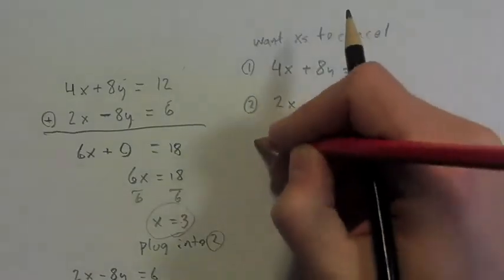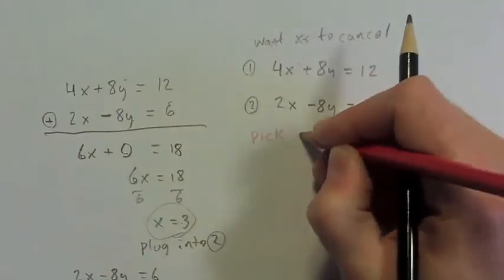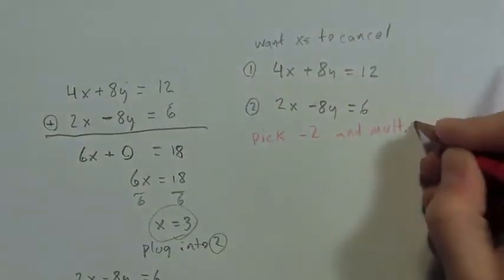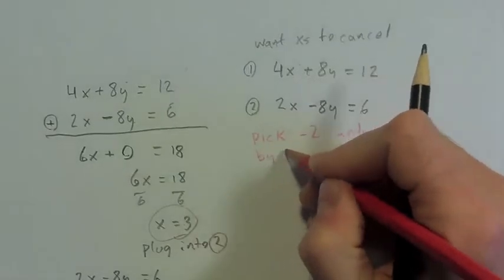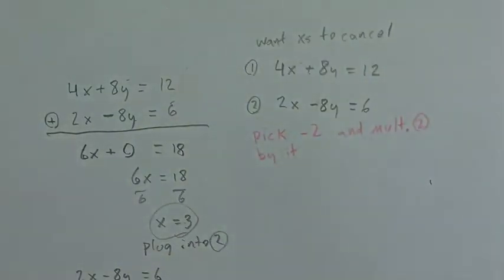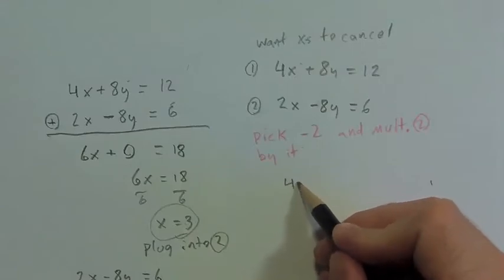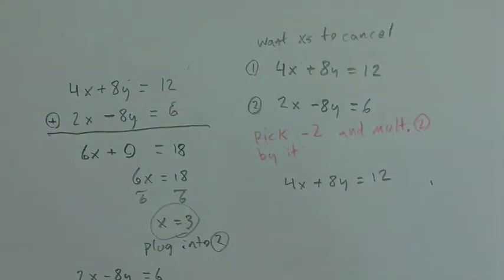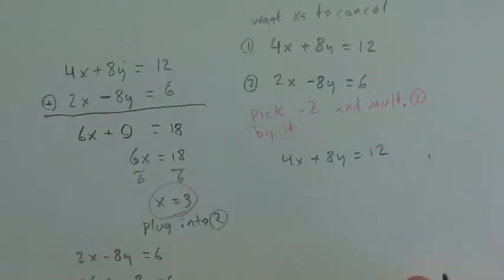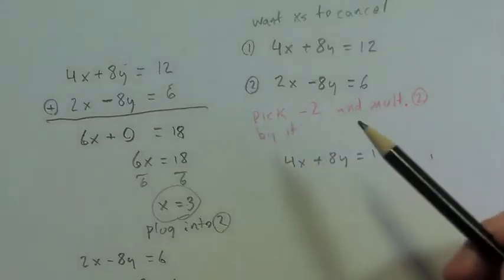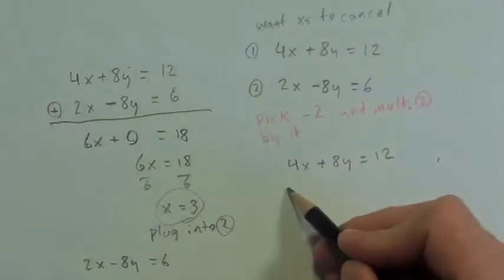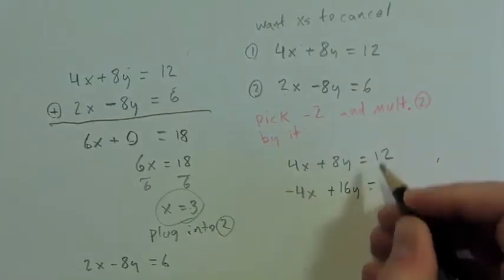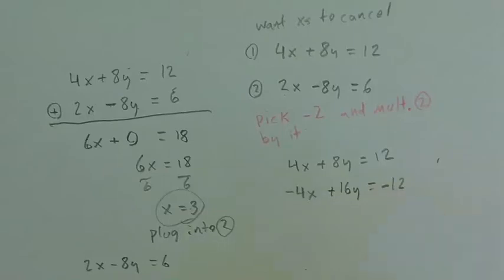So we're going to pick negative 2 and multiply equation 2 by it. I'm going to leave equation 1 alone, and now I'm going to multiply equation 2 by negative 2. So that's going to make this negative 4x, this plus 16y, and this negative 12.